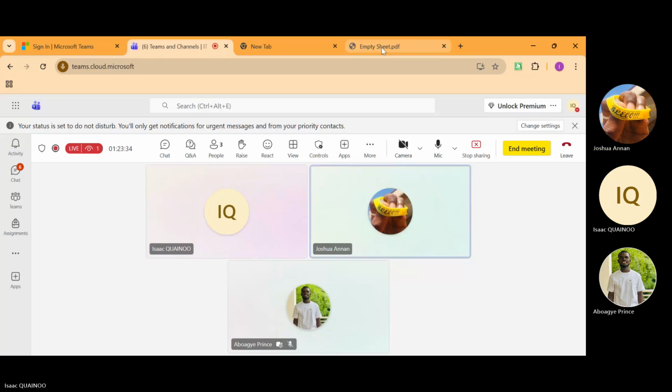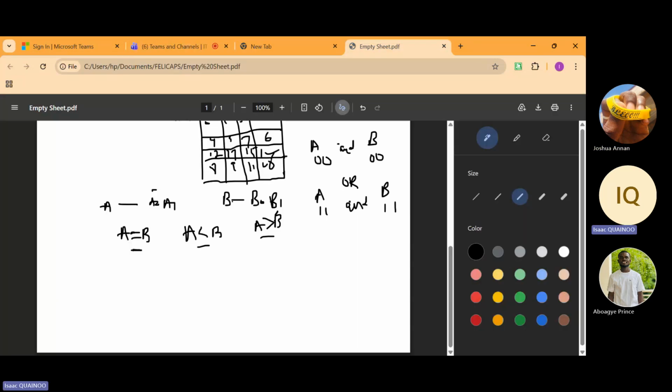Yeah, cool. Okay. So we said that the only 2 scenarios where 2 binary numbers made up of 2 digits each can be equal is when your A is 0, 0 and your B is 0, 0. If you compare, the first bit is equal, second bit is equal, the numbers are equal. For instance, if you take 0 and 1 and 1 and 0, we cannot establish equality here.